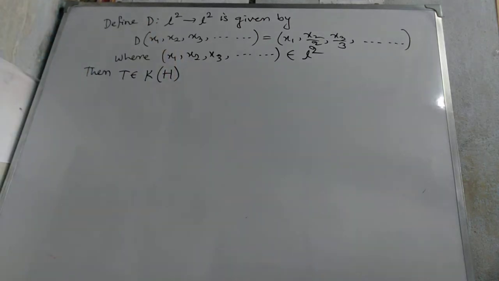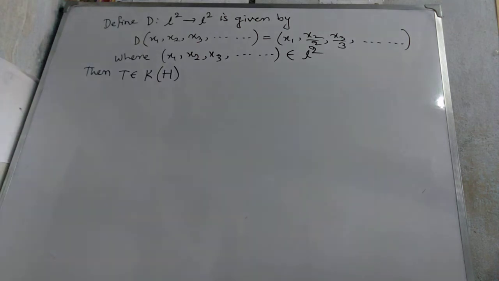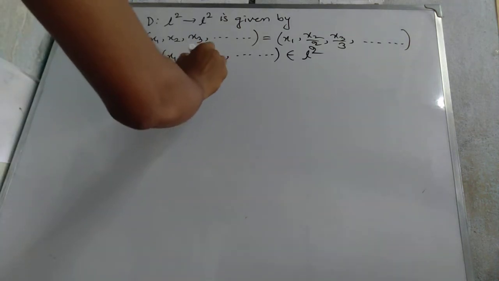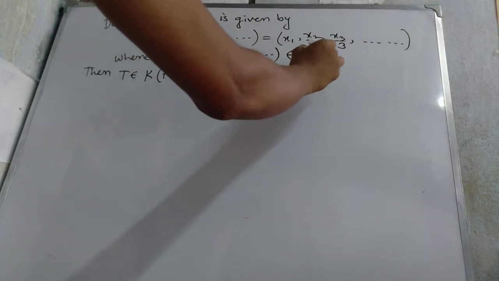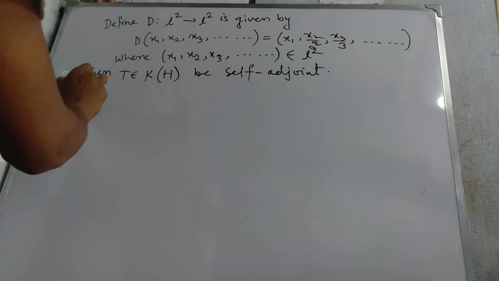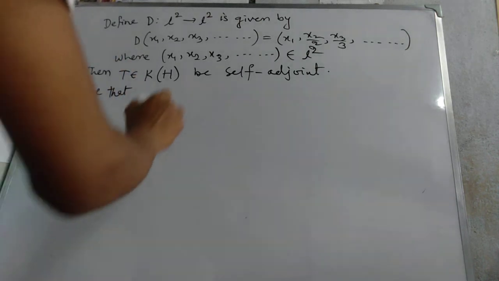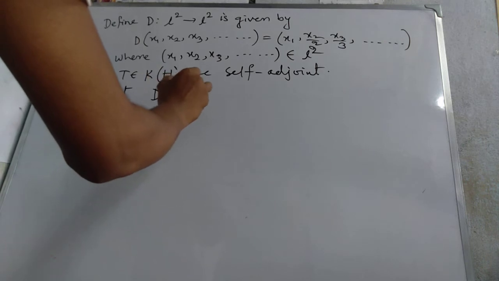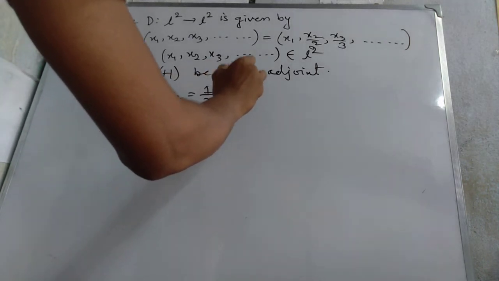Okay, that means D is a compact operator, which we also discussed earlier, and D is also self-adjoint. In the previous class we also discussed that. Now note that D of en equal to 1 by n en.